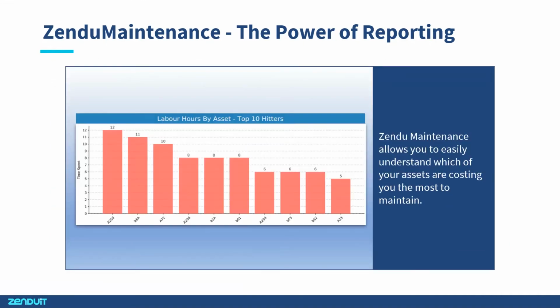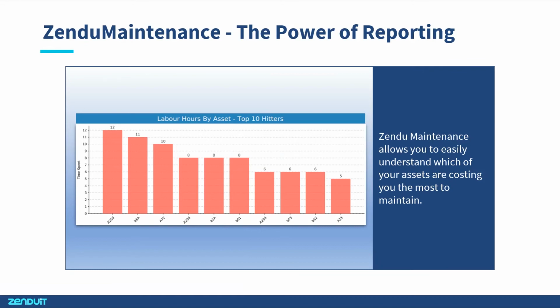For example, this is an example report that I pulled out. We're able to see which assets are requiring the most maintenance over a given time period. So if we start to see assets that are requiring a large number of hours for maintenance, we're able to identify those on a unit by unit basis, because this could possibly indicate that we may be having some kind of equipment failure.